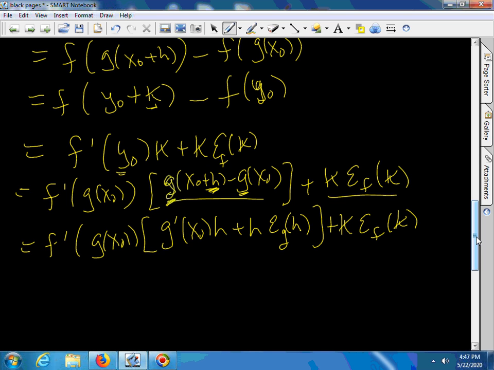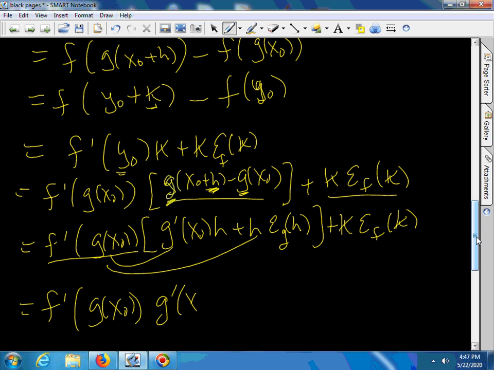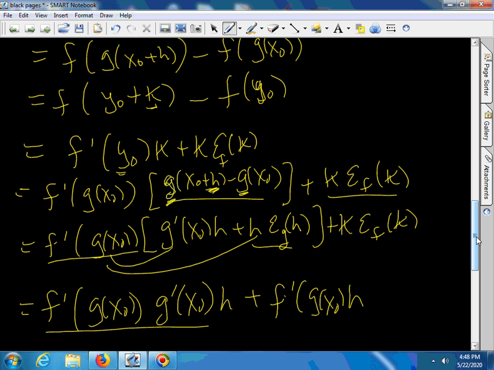Okay. Now we're going to distribute. And I get f prime of g of x0 times g prime of x0 times h. Right there, that's what we want. Plus, distributing, f prime of g of x0 times h times the error function for g of h, plus this constant, k times the error, error f of k.